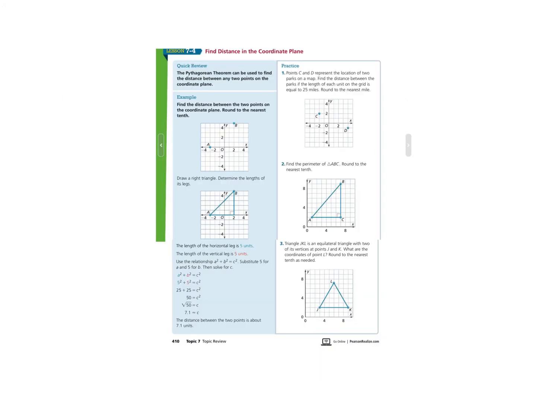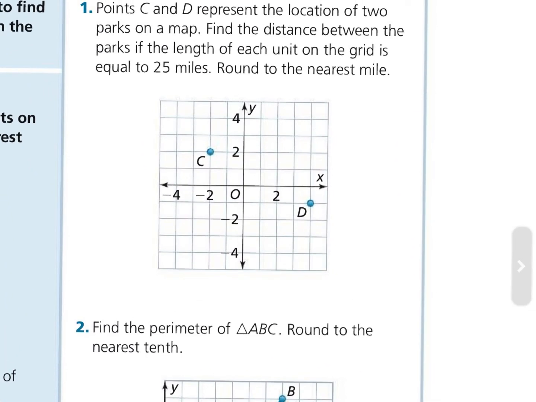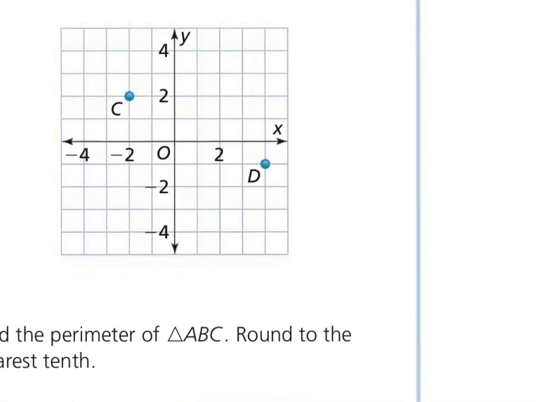Section 4 was finding distance between points on a coordinate plane. So if we want to find the distance between C and D, one thing to watch for, make sure if they're going by ones or not. On this one, it looks like they are going by ones, so draw a straight line between those, and then we can create a right triangle here, and then count how many squares you've got in between those points.